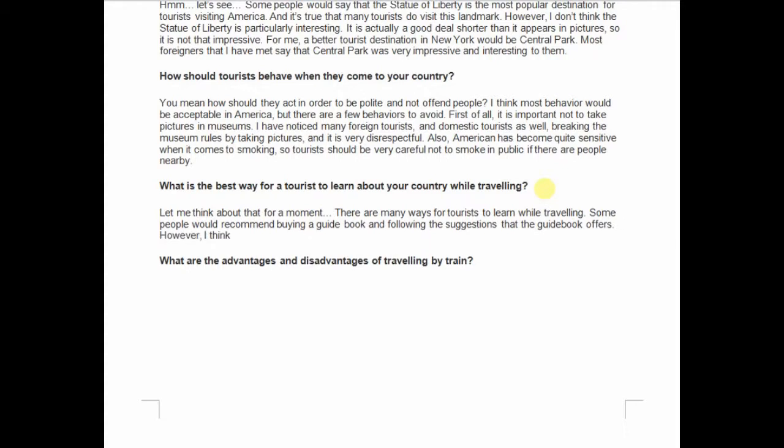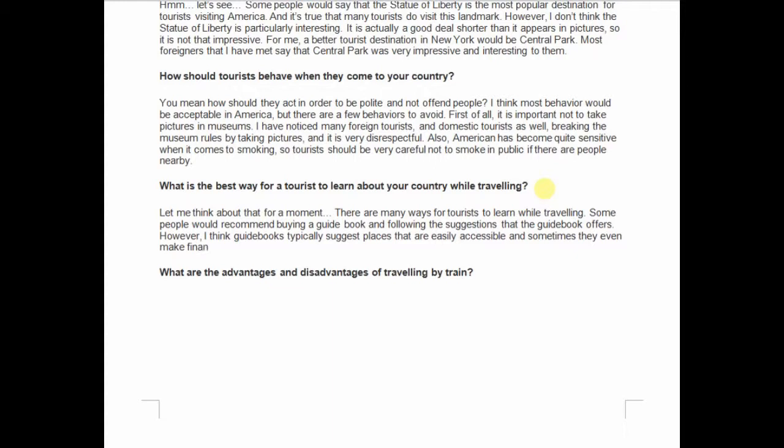However, I think guidebooks typically suggest places that are easily accessible, and sometimes they even make financial agreements with the restaurants and locations they recommend.